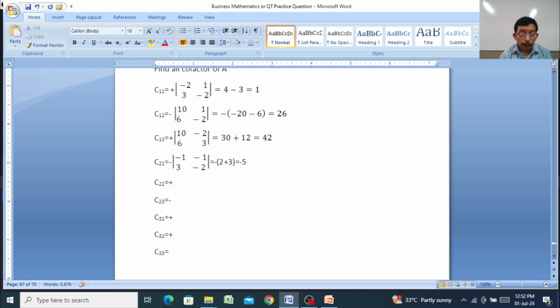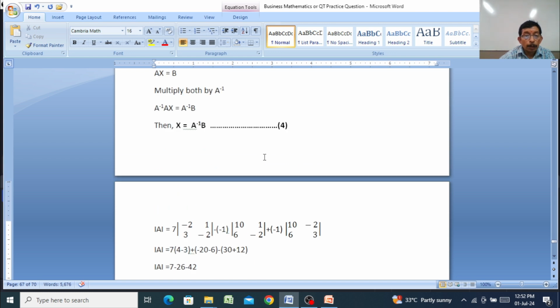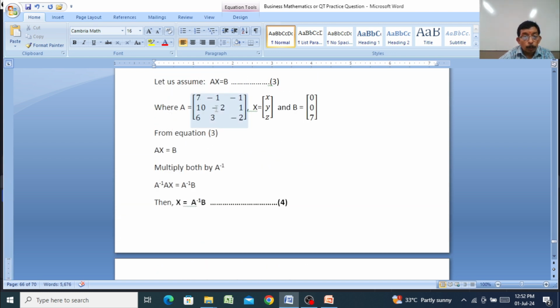Now we come to the second row second column cofactor. It means the second row second column element is canceled out.